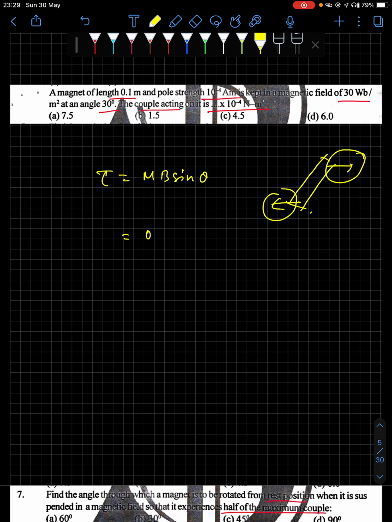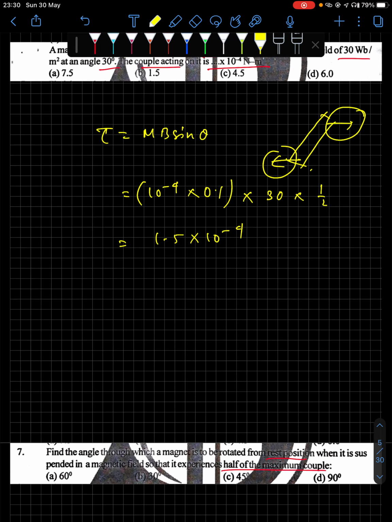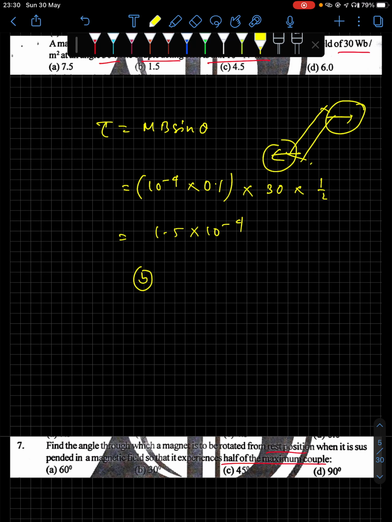Magnetic pole strength is 10 to the power minus 4 and dipole length is 0.1, into B, the magnetic field, 30 Tesla or 30 Weber per meter square, into sine 30. Sine 30 value is half, so I'm putting half directly. On calculation, this gets you 1.5 into 10 to the power minus 4. You can work out the calculation yourself. Option number B is the result.